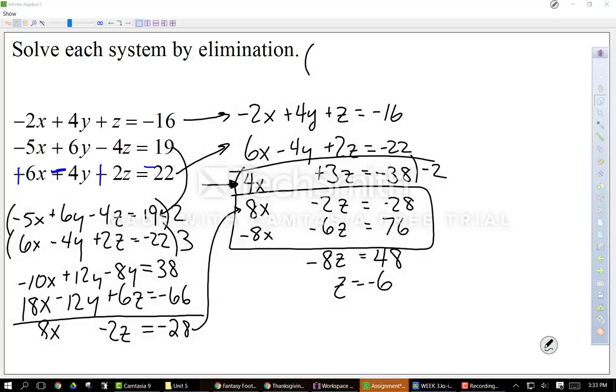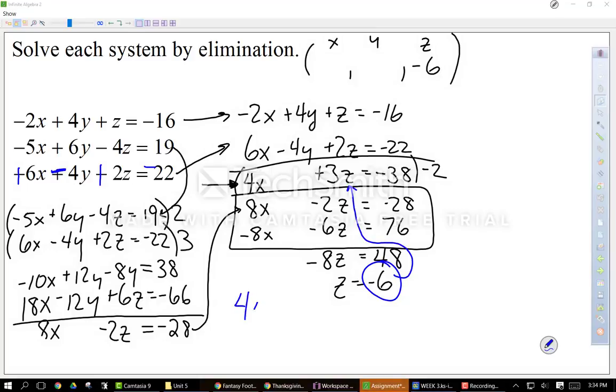So my answer is going to look like x, y, and z. We know z is -6. Let's write it down. So I have z to be -6, and I have a couple equations with z and x in it. So I'm going to take the -6, plug it into that z, and solve.